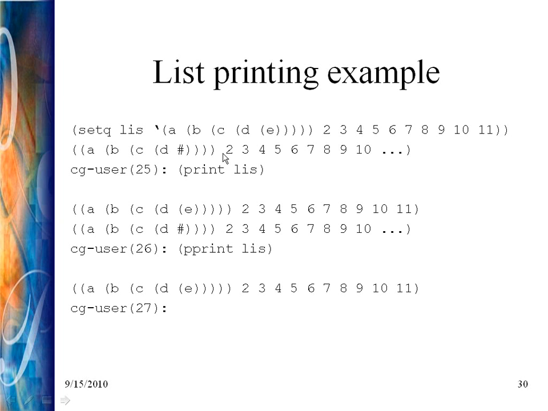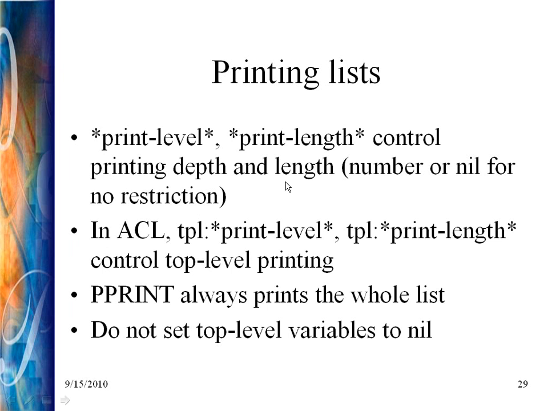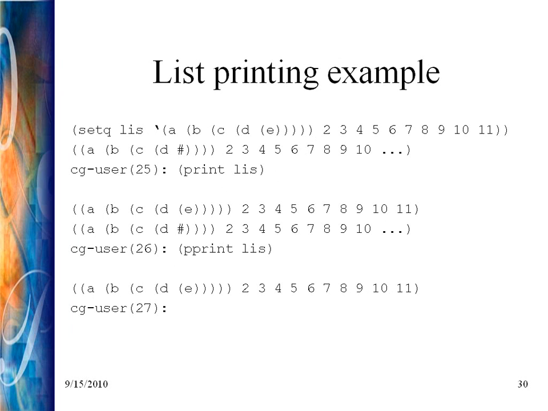So when you see a hash mark or an ellipsis, that indicates that the printer has not printed everything because it has run into the restriction of the print length or the print level. Now, if we use print, it prints the list first using the Common Lisp variables print level and print length, both of which are initially nil, meaning no restriction, and then it returns the thing it printed, which is controlled by top-level printing, and you can see the difference here.